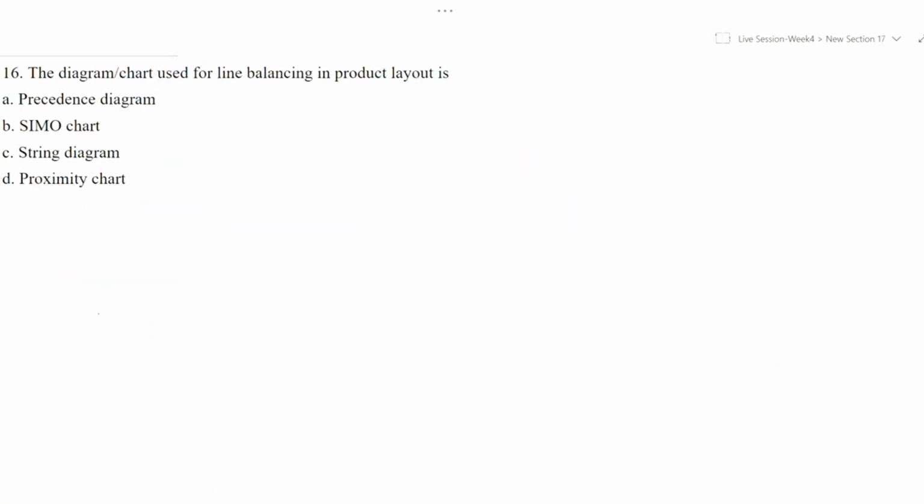Moving to the next question. Diagram or chart used for line balancing a product layout is which of the following? Precedence diagram, Simo chart, string diagram, or proximity chart?